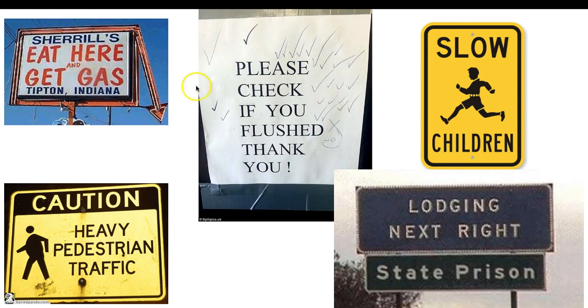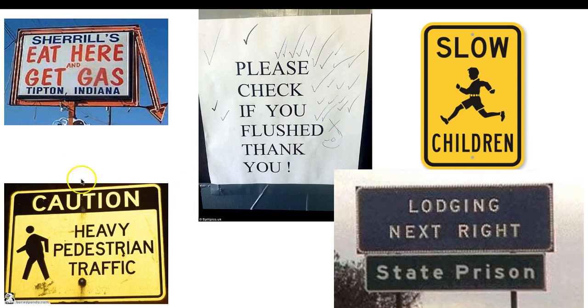This is a perfect example in the middle. Please check if you flushed. Well, that means they want us to look and make sure that we have flushed. But you see, these are probably smart alecks. But if not, they could be people that struggle with pragmatics. And they're like, okay, I put a check mark there. I flushed.